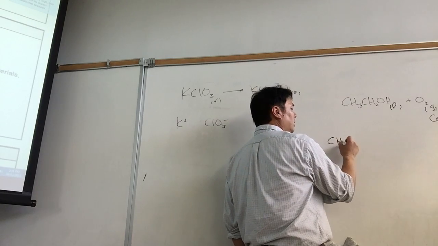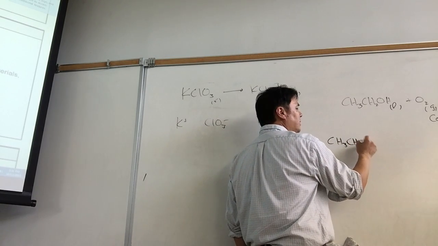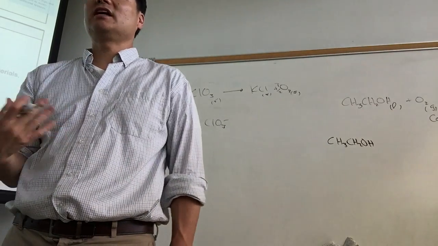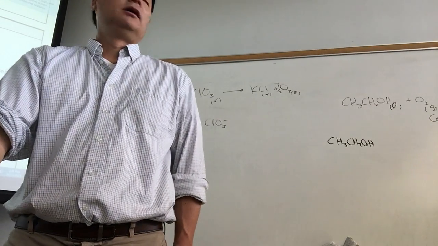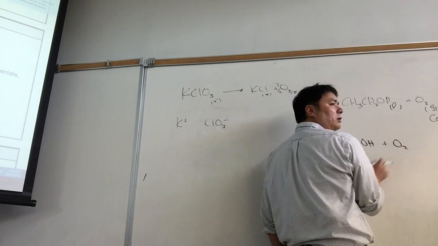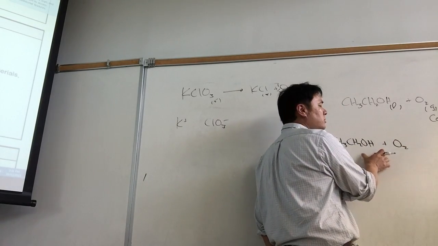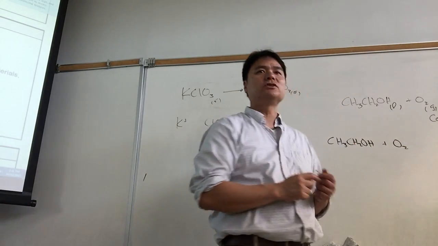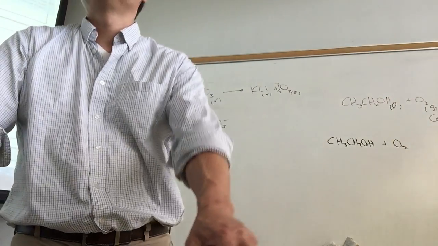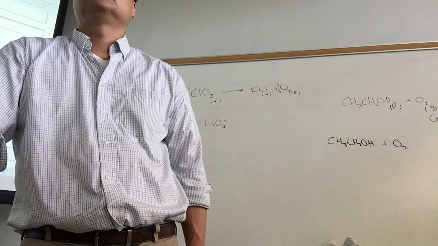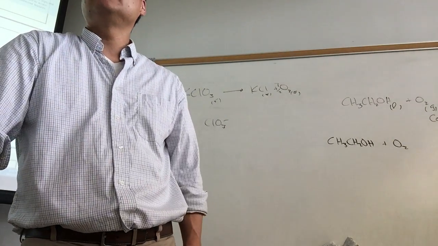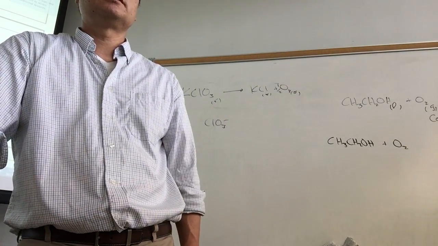Or I could actually burn this in the body. If you drink a lot of ethanol, you're going to get a lot of calories because what your body does is it essentially burns it by a series of reactions. So the ethanol, do you know what ethanol is converted into in the body? You know, there's metabolic cycles in the body, and these things get converted into different things.